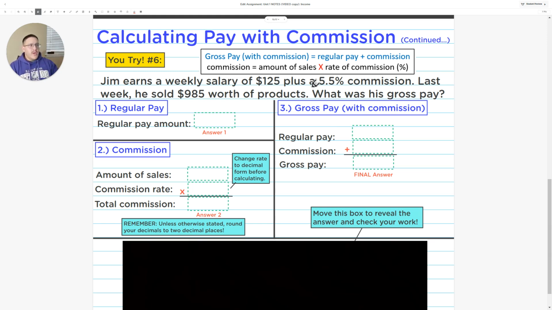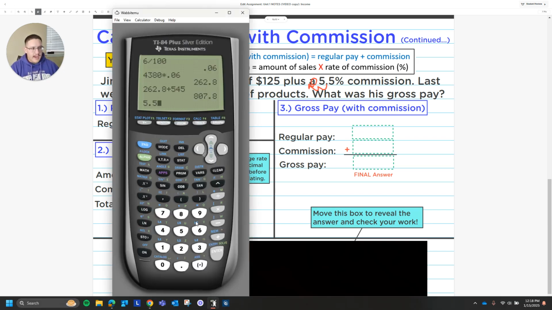So we know his weekly base salary is $125 per week. His commission is based on a percentage of the sales. Well, how much did he sell for that week? He sold $985. What is the percentage for commission? It's 5.5%. So again, either move the decimal point to the left twice, fill in the 0 to get 0.055, or divide 5.5 by 100 and you'll get the exact same answer, 0.055.